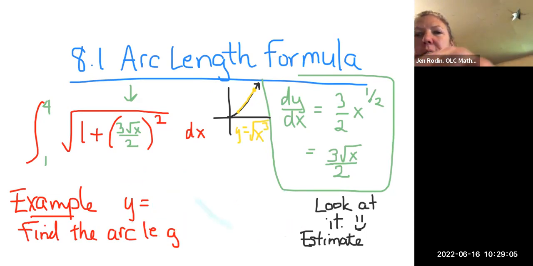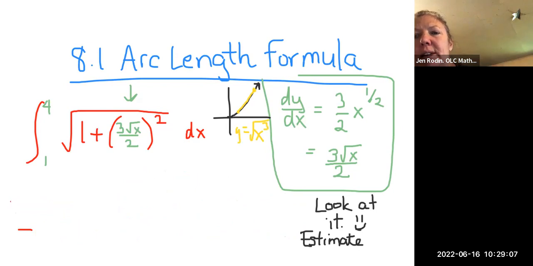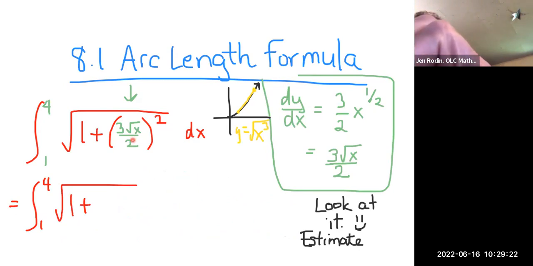So now I'm just going to work right on this page so we don't lose anything. So it equals the integral from 1 to 4 of the square root of 1 plus, squaring this business up in here, 3 squared is 9, 2 squared is 4, square root of x squared is x.